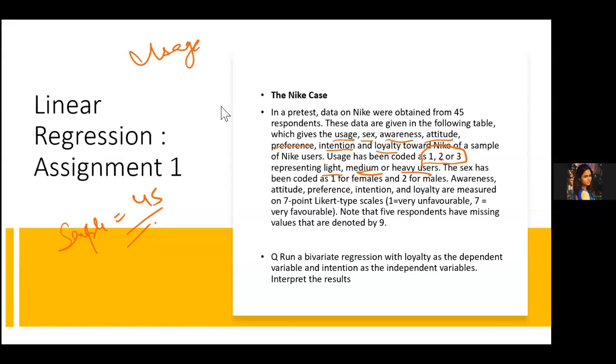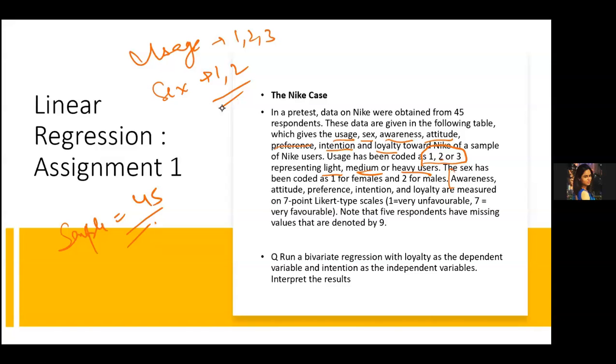The sex has been coded as 1 for females and 2 for males. This is 1, 2, 3, and this is 1, 2. Gender is what variable? Is it nominal, ordinal, interval, ratio? Nominal, yes. The sex has been coded as 1 for females and 2 for males.